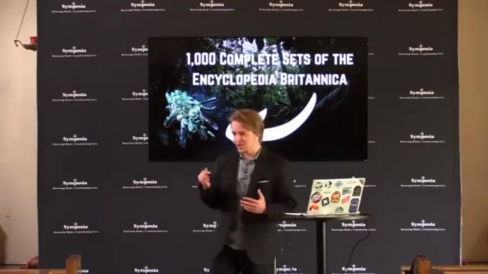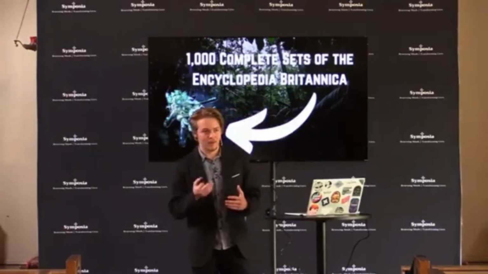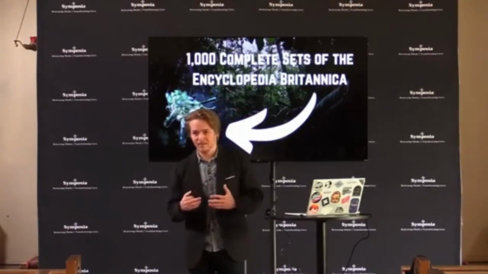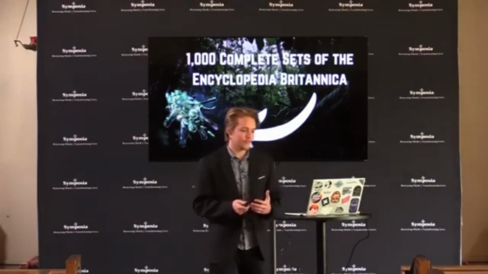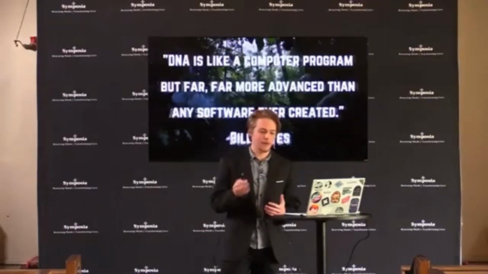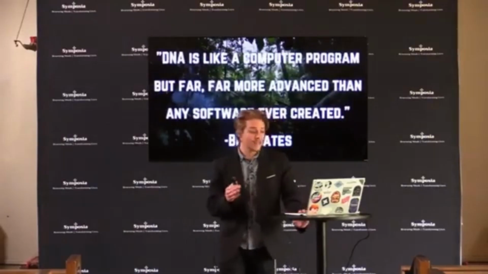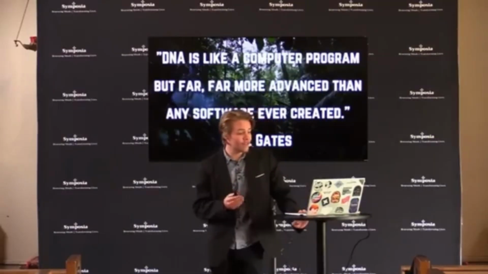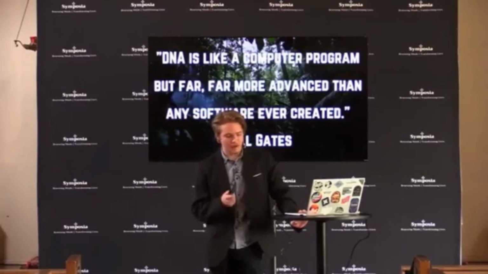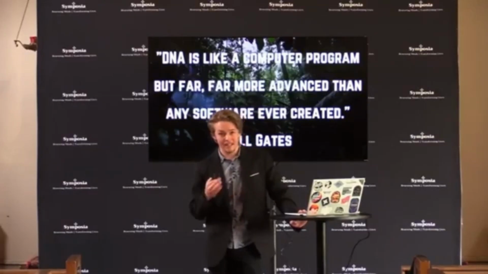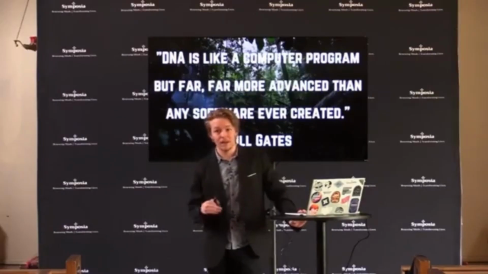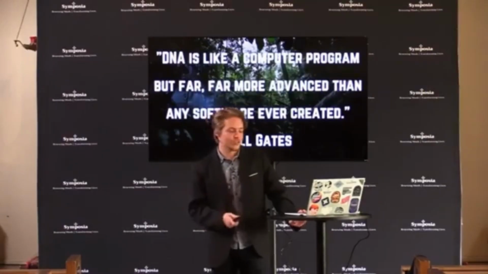Once again, there's no such thing as simple life. There's no such thing as life that is not information rich. As explained by Bill Gates, the founder of Microsoft, DNA is like a computer program, but far more advanced than any software ever created. Life, at its simplest, is the greatest example of invention and information on the planet, unparalleled in our own human invention.